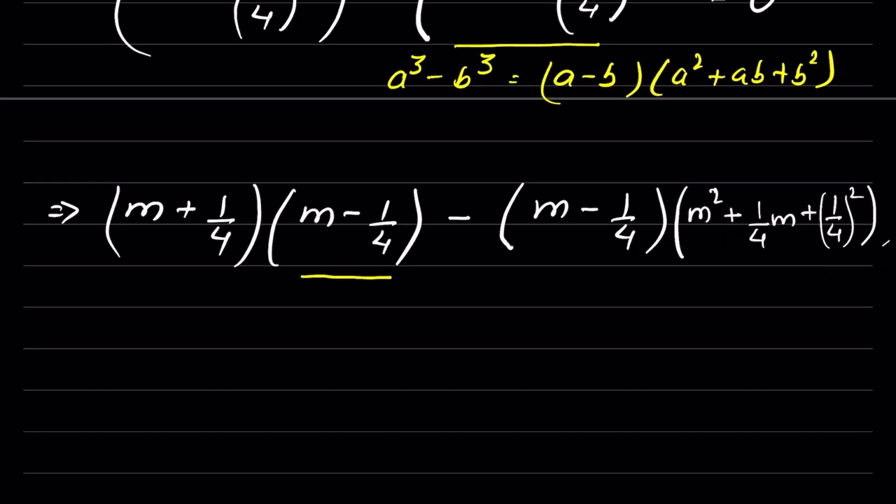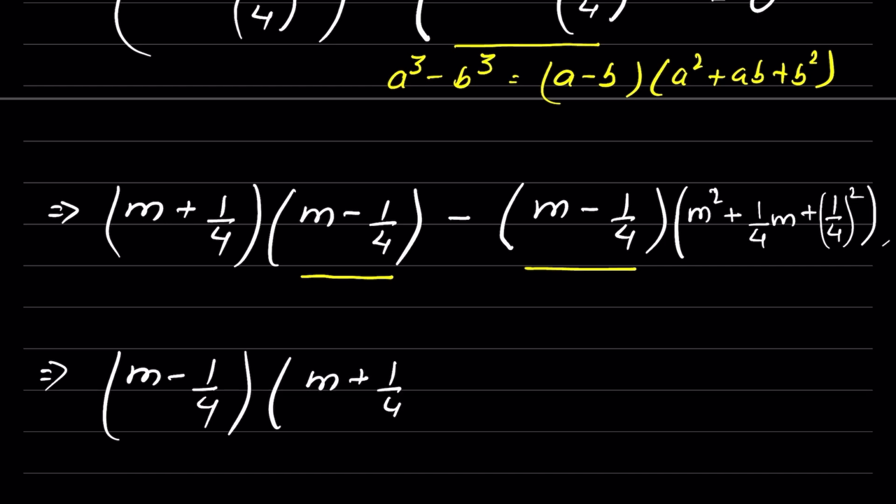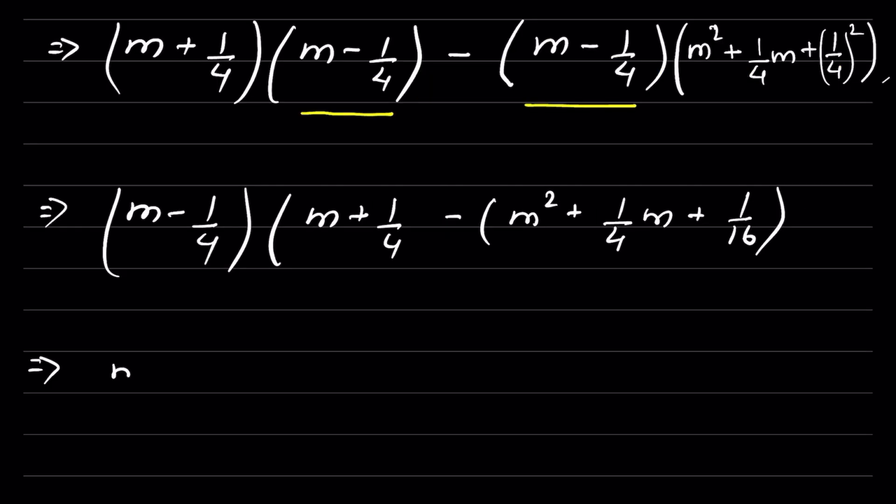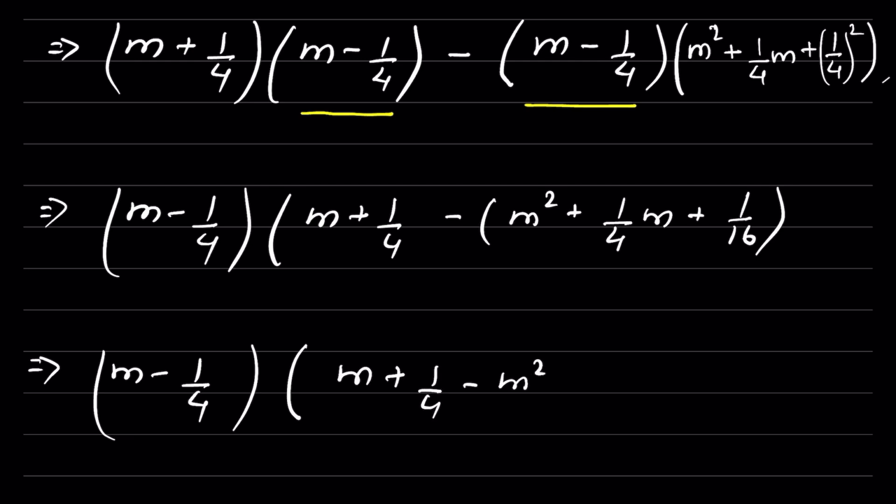Now m minus 1 upon 4 is the common factor, so we can take it common, m minus 1 upon 4. The remaining factors then are m plus 1 upon 4, then minus m square plus 1 upon 4m plus 1 upon 16, or m minus 1 upon 4 then m plus 1 upon 4 minus m square minus 1 upon 4m minus 1 upon 16 is equal to 0.